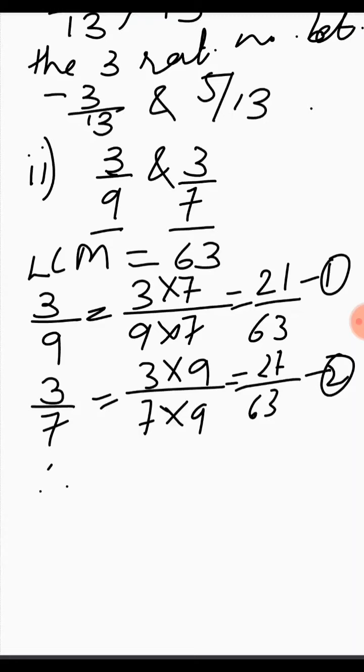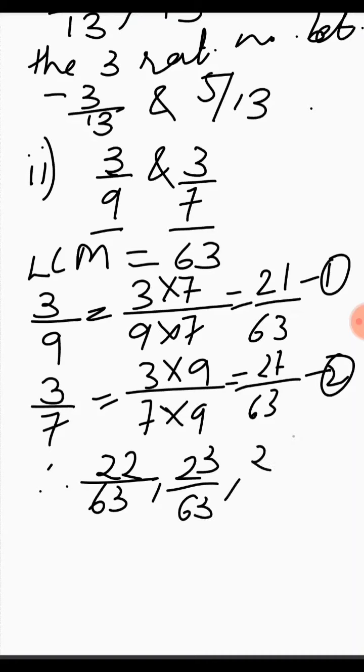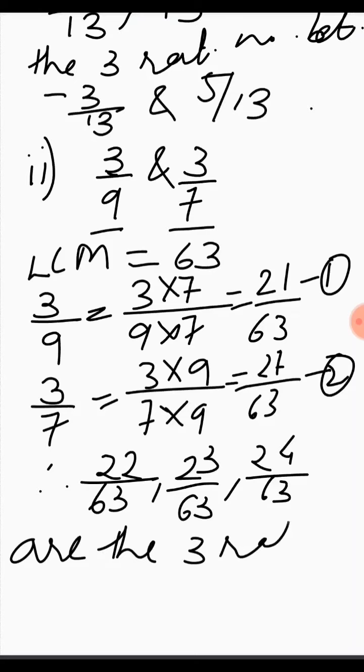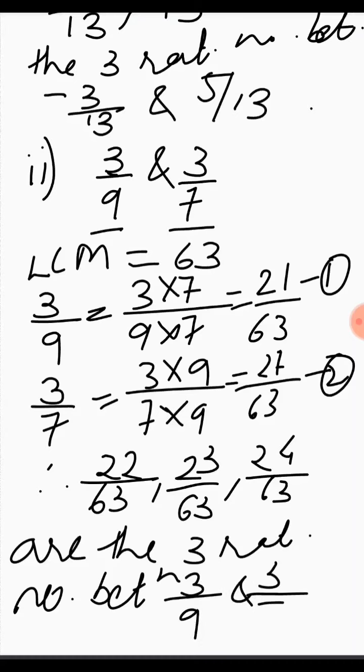Therefore between this and this, you can write 22 by 63, 23 by 63, 24 by 63. You want any 3, so these 3 we have written are the 3 rational numbers between 3 by 9 and 3 by 7.